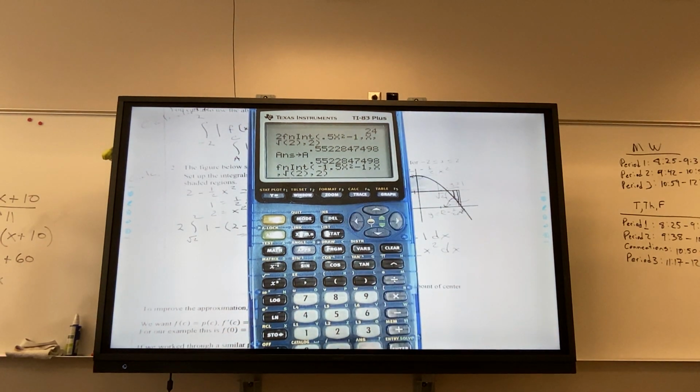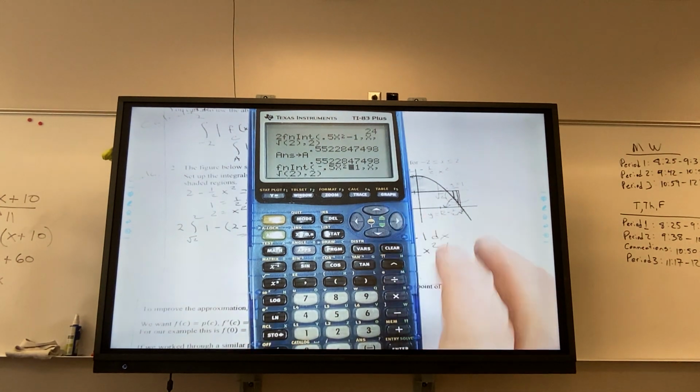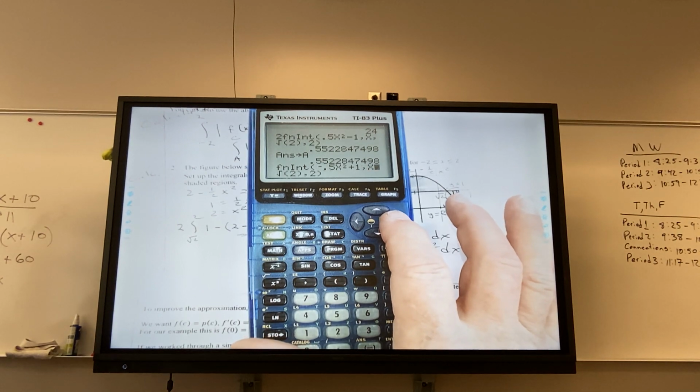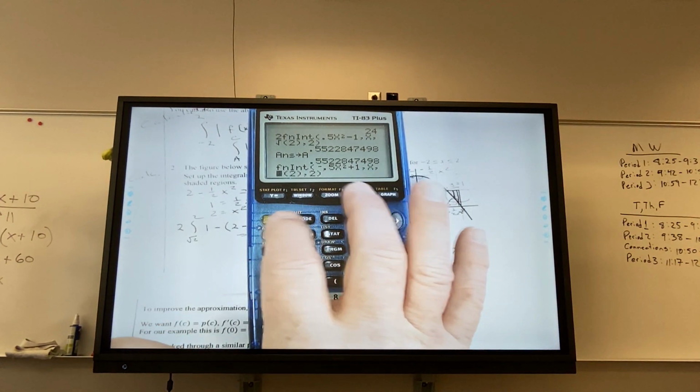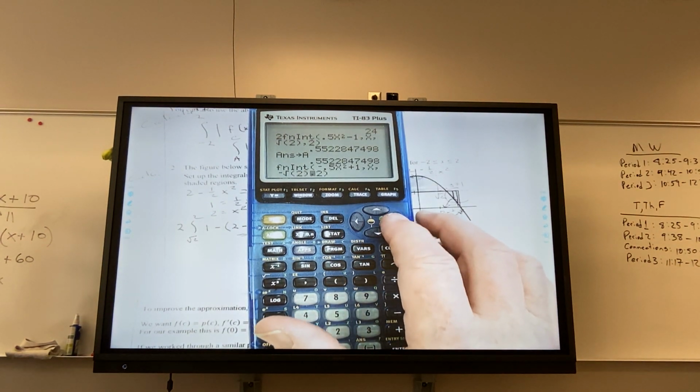The negative sign, I didn't want the 1, sorry. And I'm gonna change this to a plus. I'm gonna put a negative sign in here. And I'm gonna change this to the square root of 2.